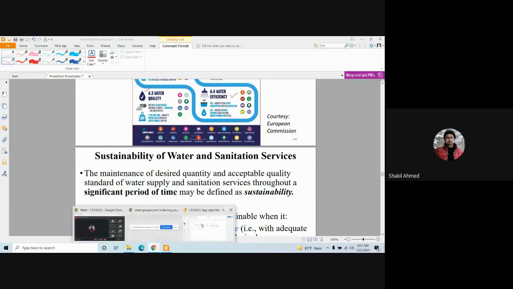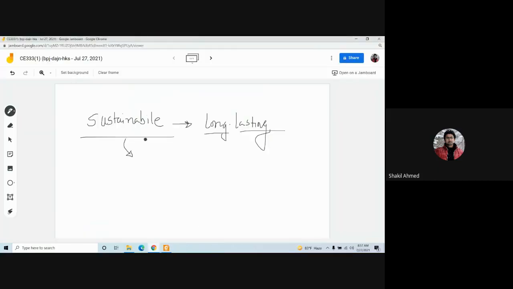Now that means if you want sustainable development for a nation, then you have to achieve sustainability in WASH. If you want sustainable development of a nation, then you need to ensure sustainable WASH.